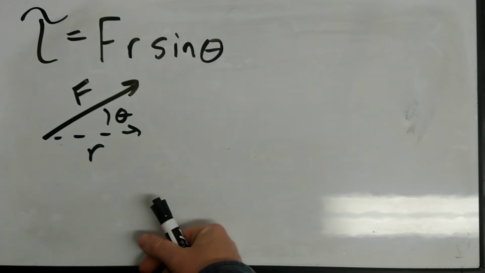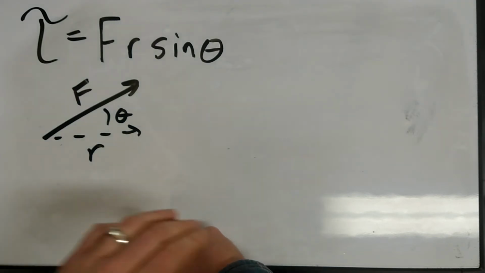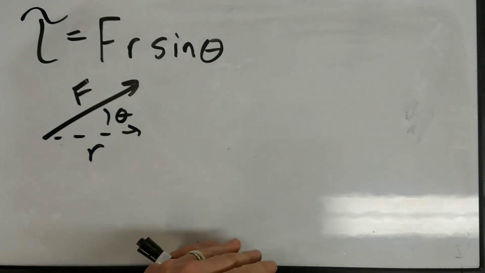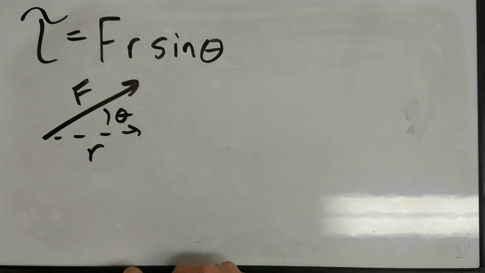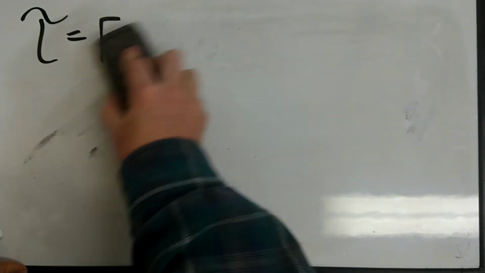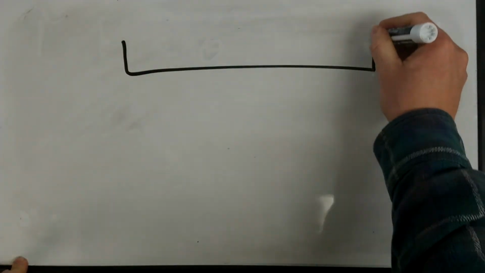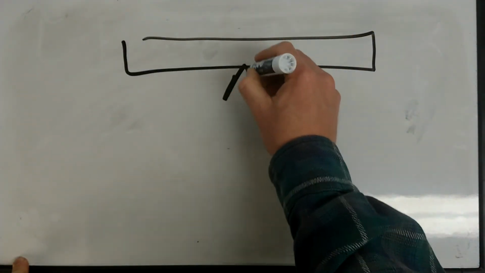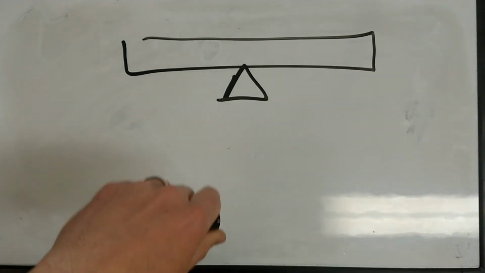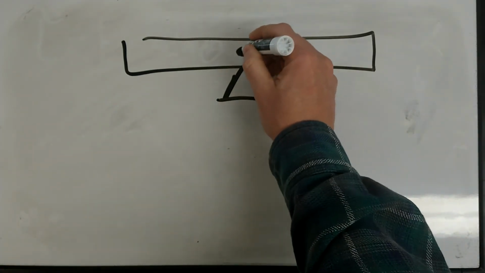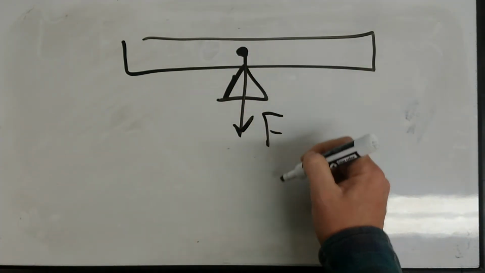So number 2 has you determine the net torque in each of these. So this is an interesting thing. When the pivot point is at the center of gravity, like in the first one, here's something you may not have considered. The force of gravity is pulling on this down.